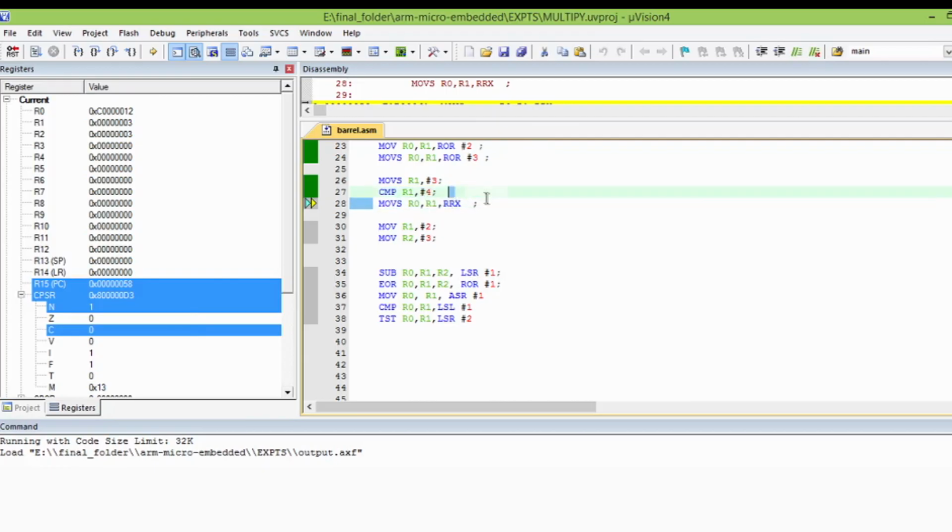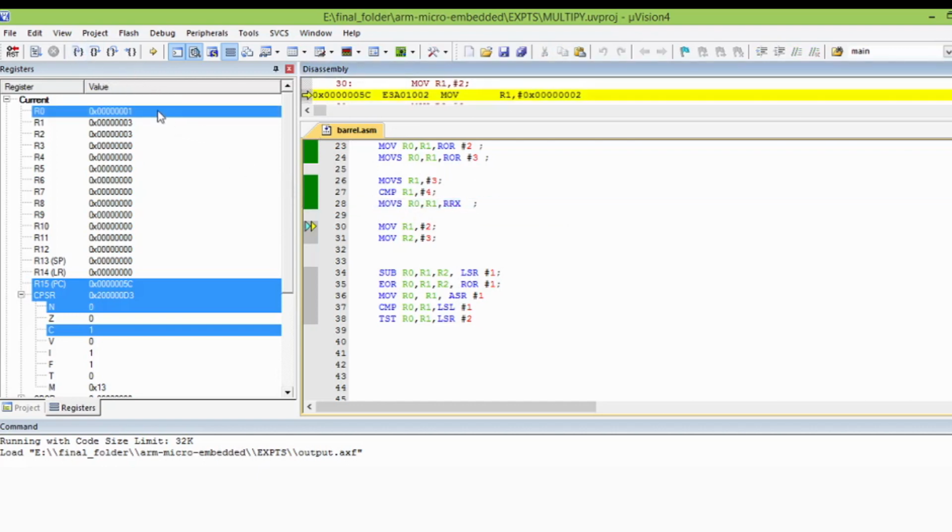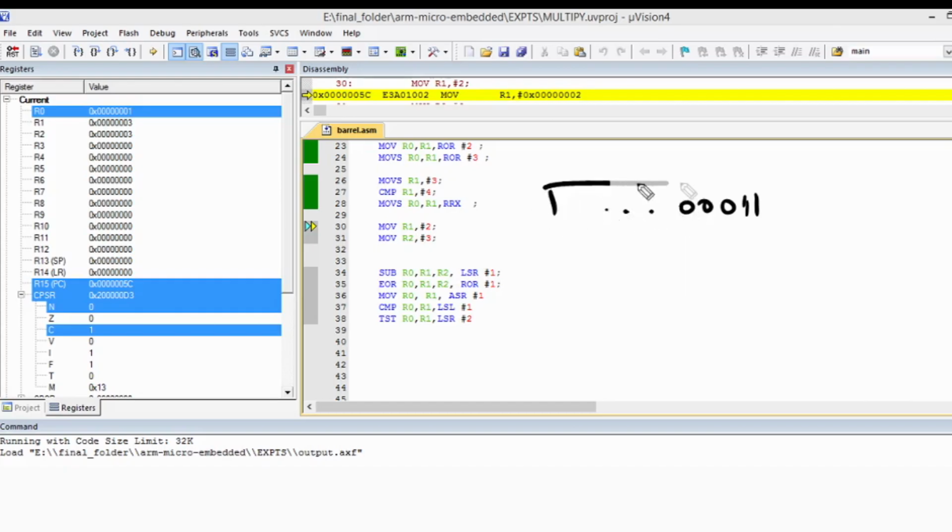Here we want to perform rotate right extended on R1 and show the result in R0. Let's see if that happens. Yes, 1 is the exact answer that we expected and carry is supposed to be 1. How did we get that? Our value in R1 was 3 and all zeros.